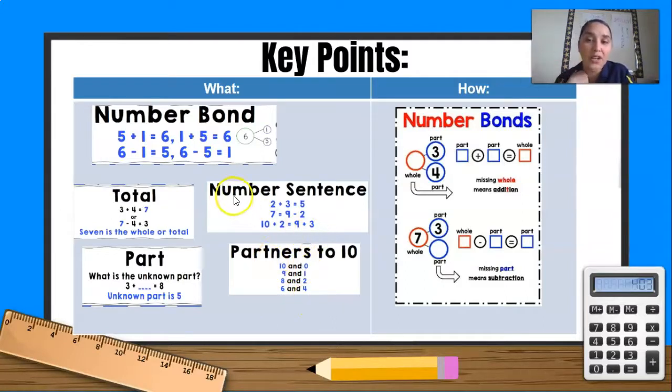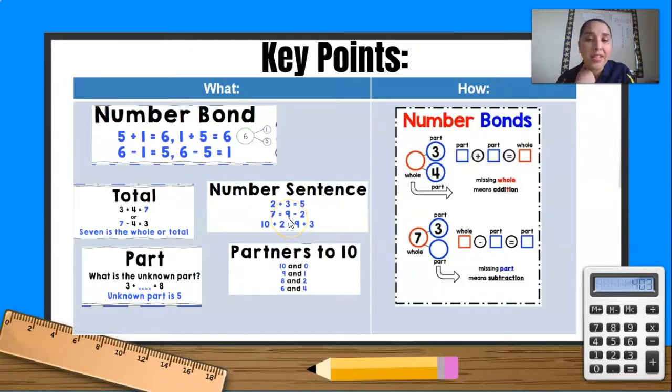And we're also going to talk about what a number sentence is. A number sentence is an equation that has a symbol, in this case 2 plus 3. Then it has the equal sign, and after the equal sign it has the total. So 2 plus 3 equals 5. That's an example of a number sentence.